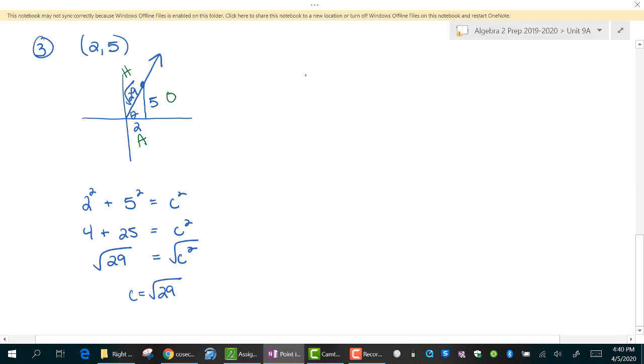Okay, so first we want to come up with sine of theta. So remember, sine is opposite over hypotenuse. So 5 divided by the square root of 29. Here's another example where we need to rationalize that denominator. So I'm going to multiply both numerator and denominator by square root of 29.